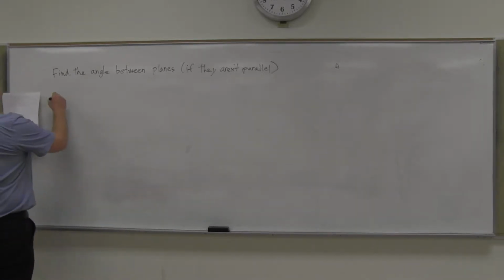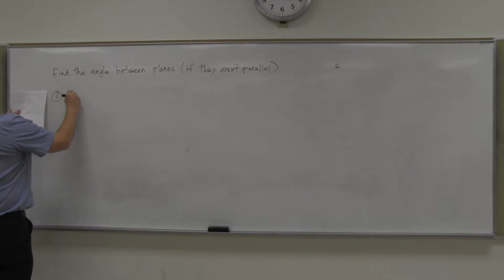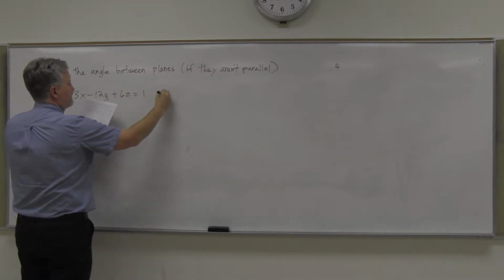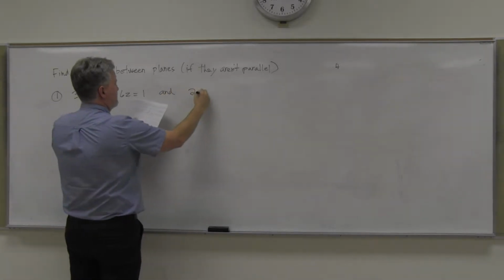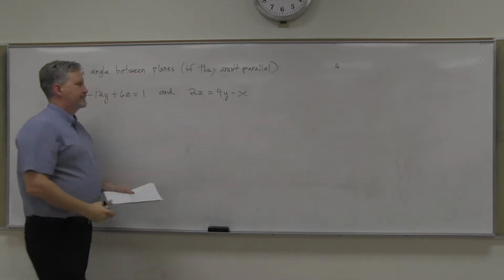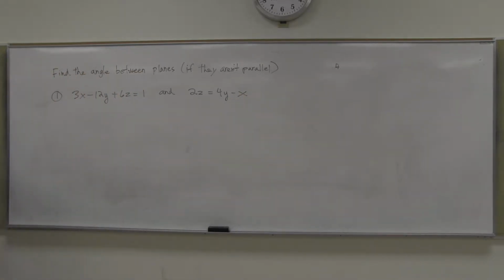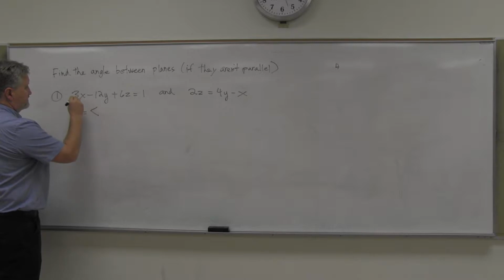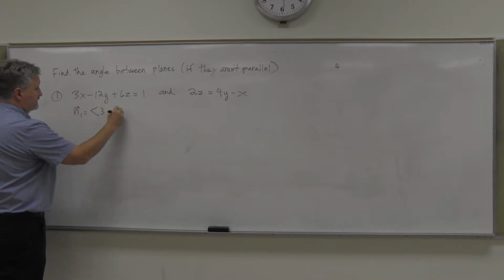Okay, so number one here, let's look at this one. So we've got 3x minus 12y plus 6z equals 1, and 2z equals 4y minus x. So in either case, if they're parallel or if we want the angle between them, we need their normal vectors. What's the normal vector here? Well, the normal vector here is 3, negative 12, 6.